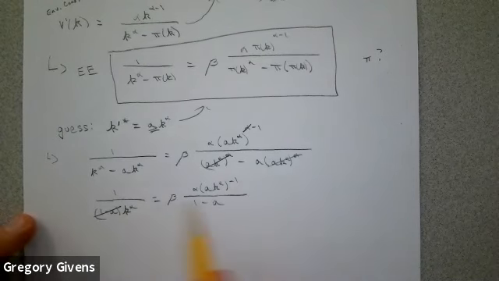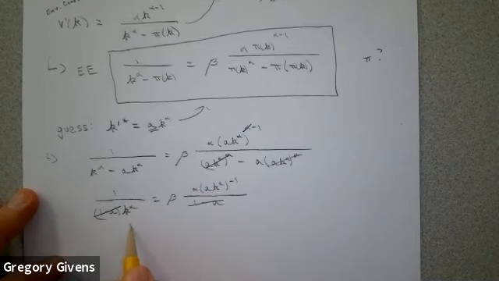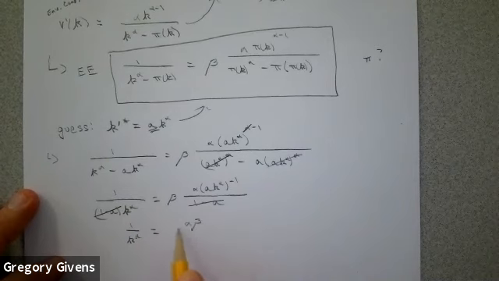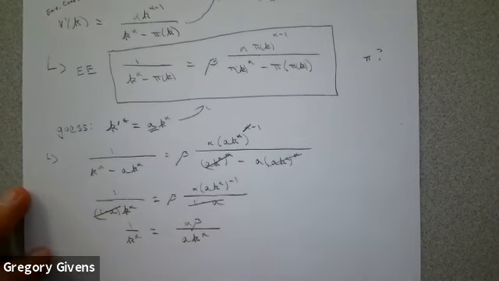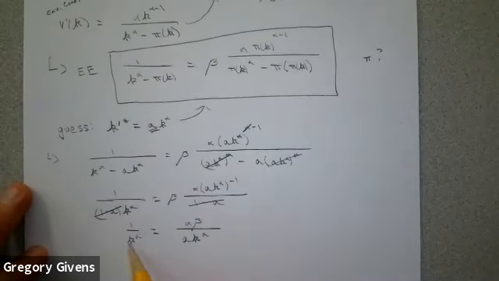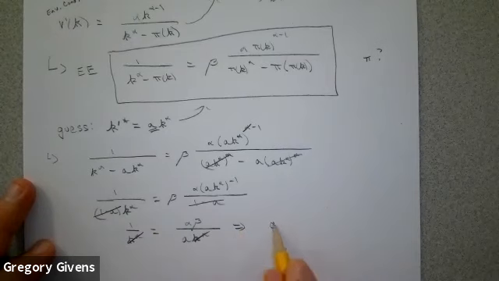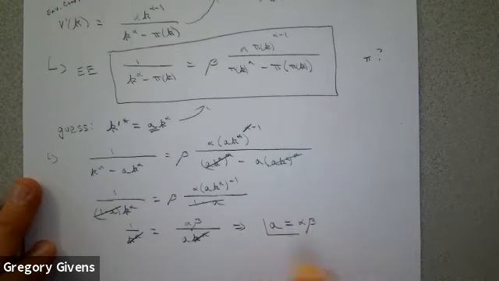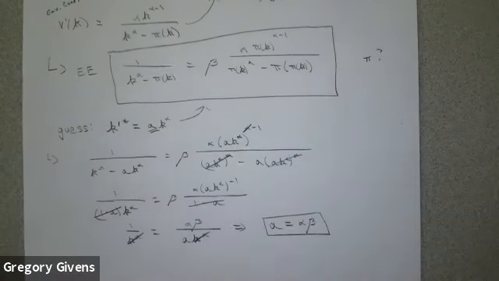This 1 minus a cancels with this 1 minus a. And then you get 1 over k to the alpha is equal to alpha beta divided by a k to the alpha. The k to the alpha terms cancel. Oh, look at that. A is equal to alpha beta. Isn't that nice?